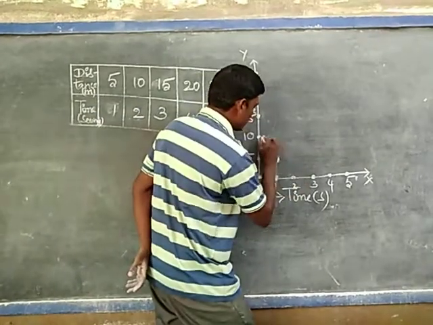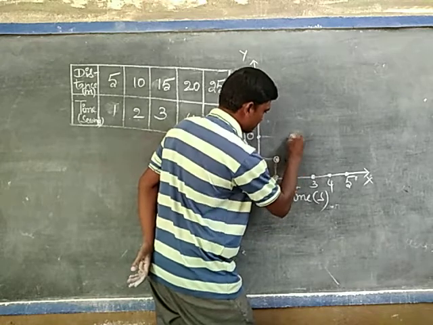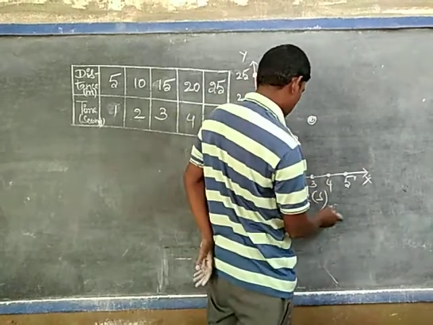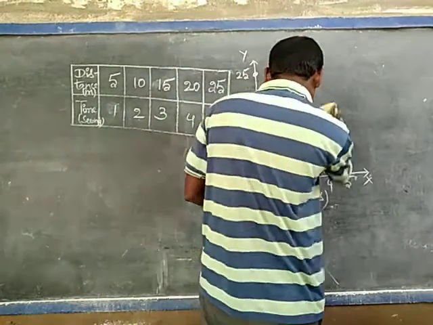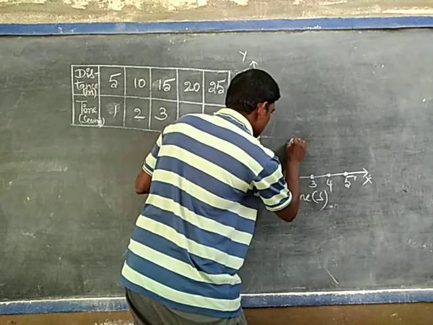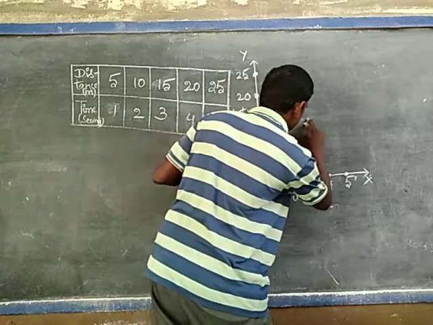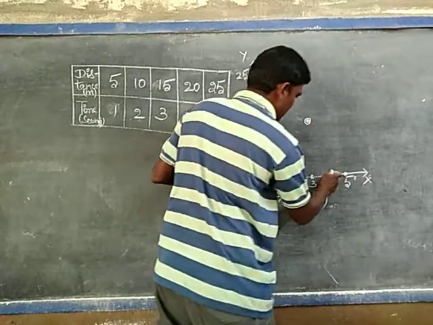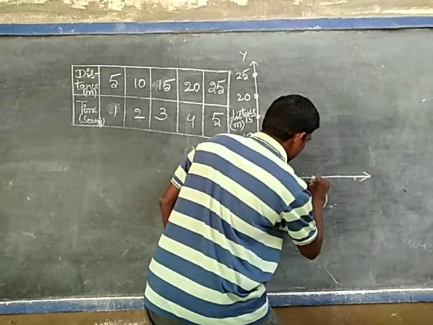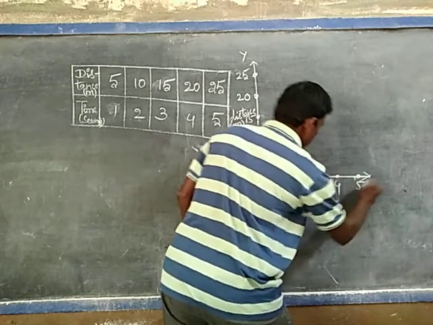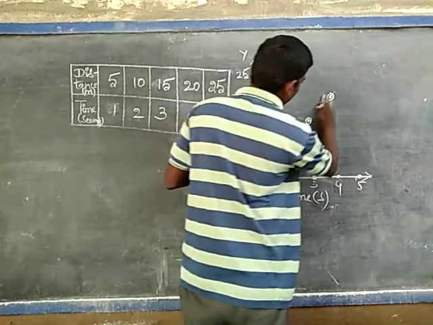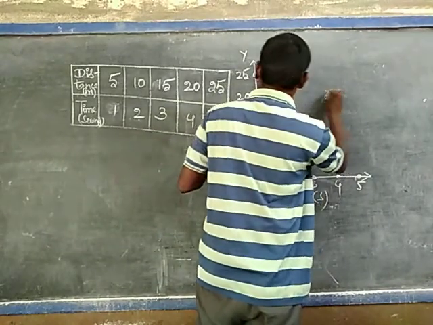Like the same, for 2, what is that one? 10. Next 3, 15. Next 4. Next 5, 25.